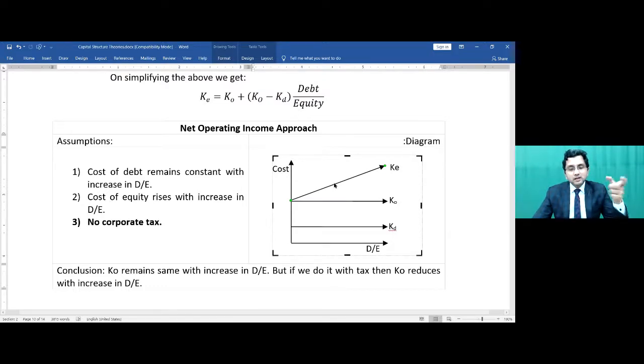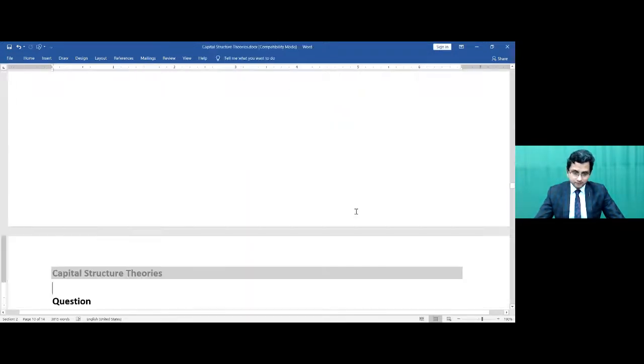So this advantage of cheaper debt will be exactly compensated by equity getting expensive, and that way overall cost of capital will remain constant. So even if you keep increasing borrowing, overall cost of capital will remain same, and that's why value will also remain same. So this is net operating income approach without income tax.